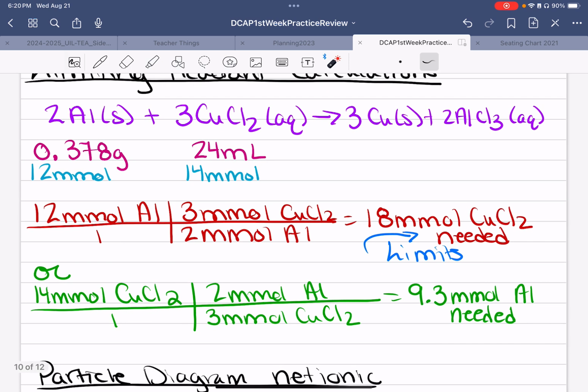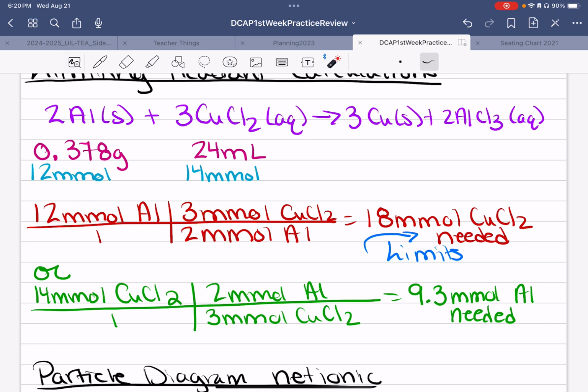And so what I would recommend when you do this is I'm going to go back to my starting numbers of the millimole. Since an equation is written as molar ratios, I'm just going to compare my molar ratios. Do not get confused by the millimole. Notice, as long as I keep them both millimoles, the ratio is still the same.